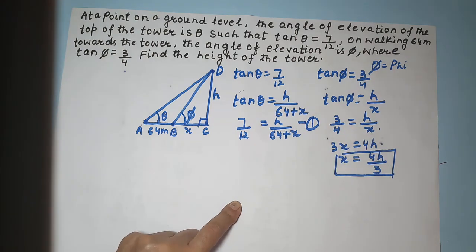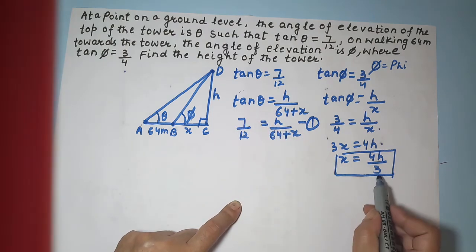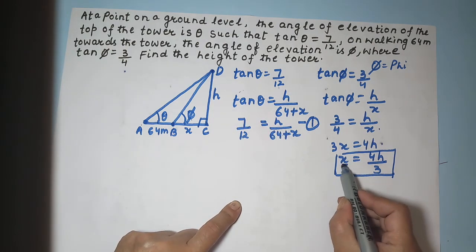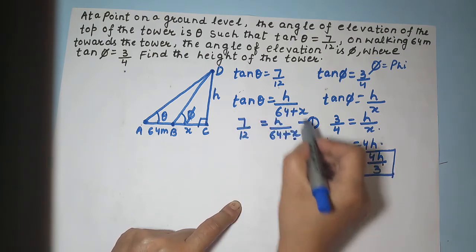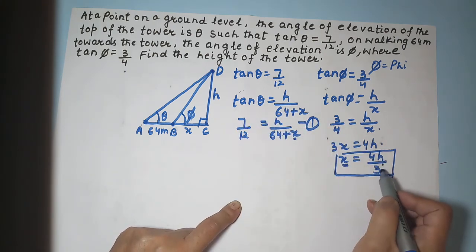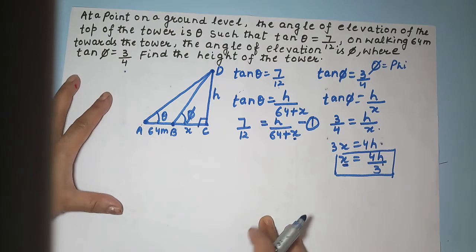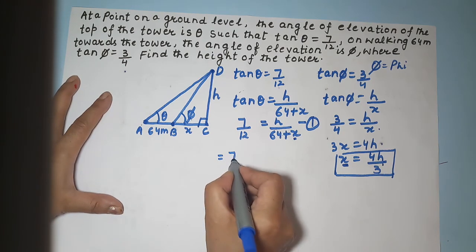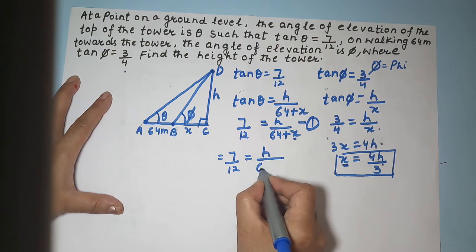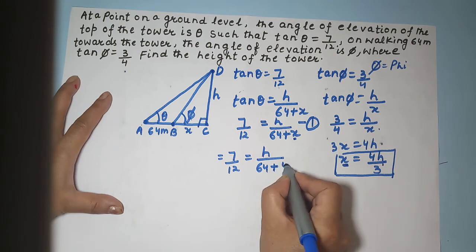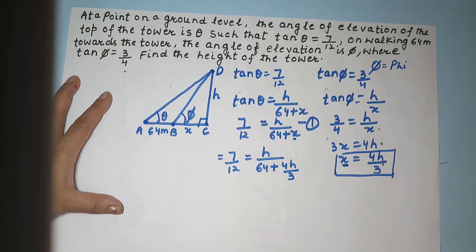Now I have to find the value of h. If I go to this equation and replace the value of x here by this, I will get the entire equation in h. I will solve it and get the value of h. Let me do that. So I will get 7 by 12 is equal to h upon 64 plus x. I will replace x as 4h by 3, right?